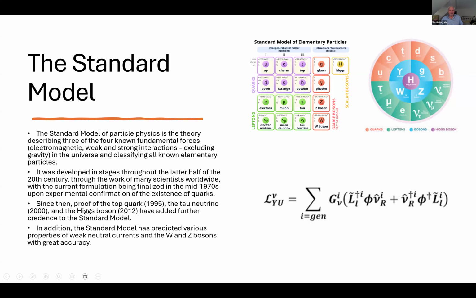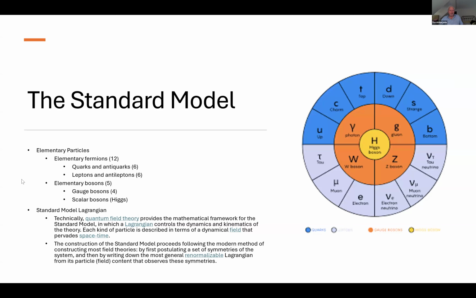So one of the things we'll come up with here in the standard model is a summary. Here we've got all the particles on the outside, the fields on the inside. And so we have, according to this picture, 12 elementary fermions that consist of 6 quarks and anti-quarks and 6 leptons and anti-leptons that give us a total of 12.